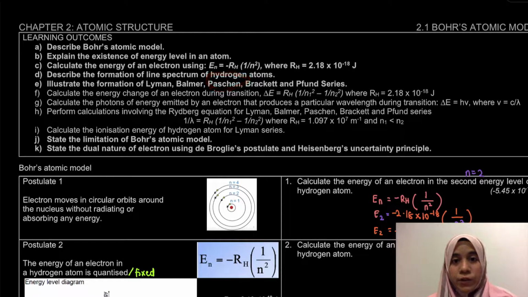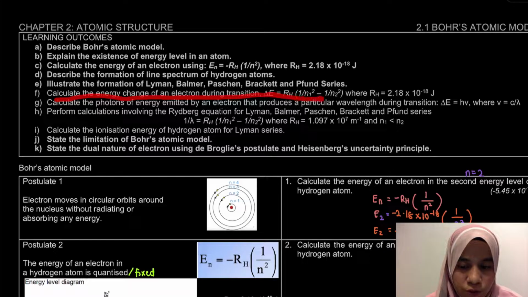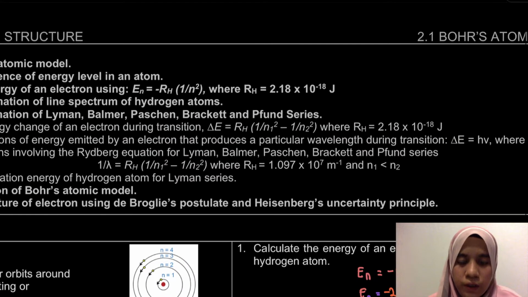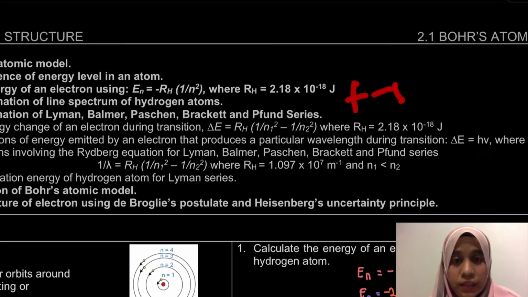If you look back at your list of constant, kita tengok hydrogen, number of proton dia 1. Electron dia pun 1. Tapi no worries, yang ini kita akan tengok lagi sekali. Okay, and then actually we have learned this part: calculate the energy change of electron during transition. As I've mentioned before, ikut kamu mana yang kamu selesa. Yang misalnya guna final minus initial kan.